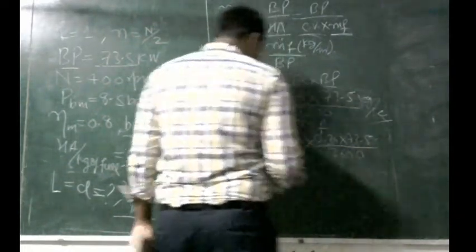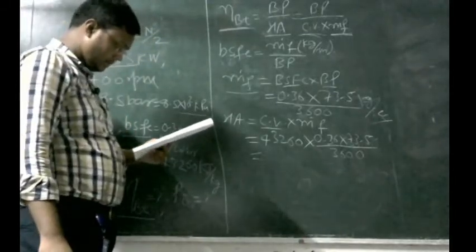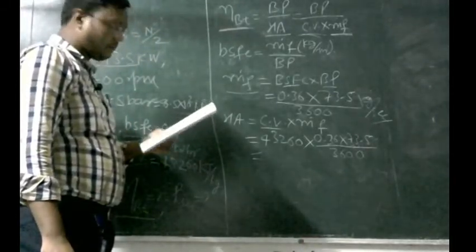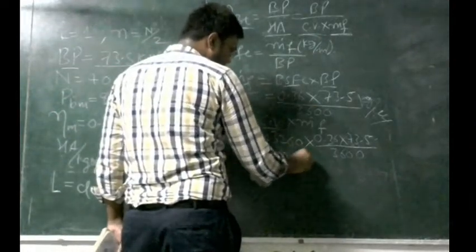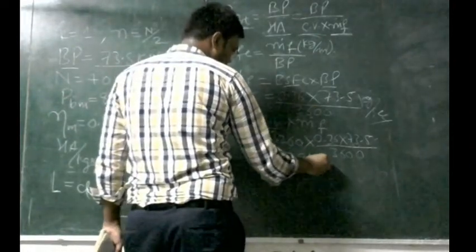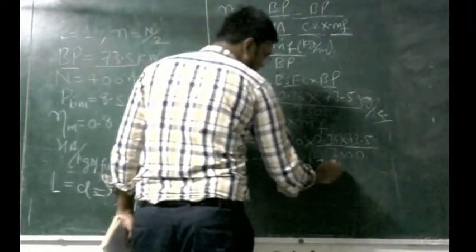Okay. So we get the value of heat addition equal to 317.9 kilojoule per second.